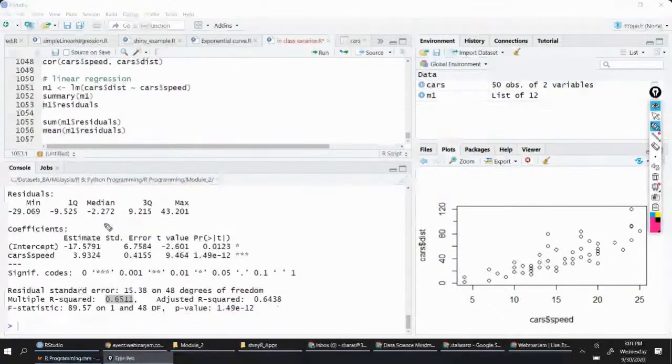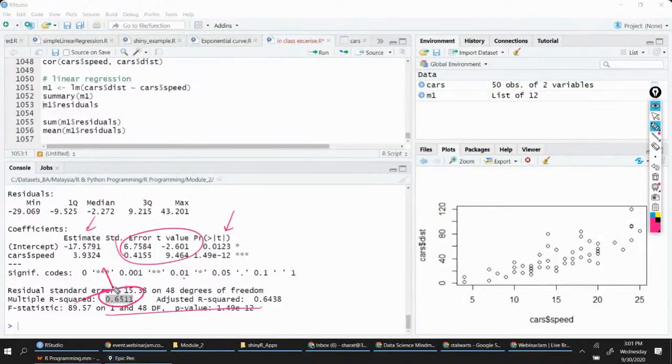So don't look at other things, guys. Not required at this point of time. Only focus on this. You can ignore all these things for now. You only look at p-value, this value, then you look at this value. Okay, and of course residuals.